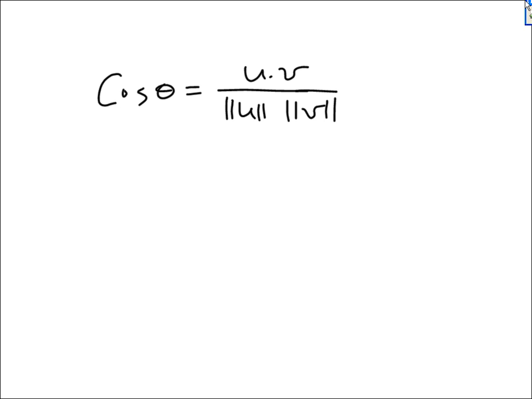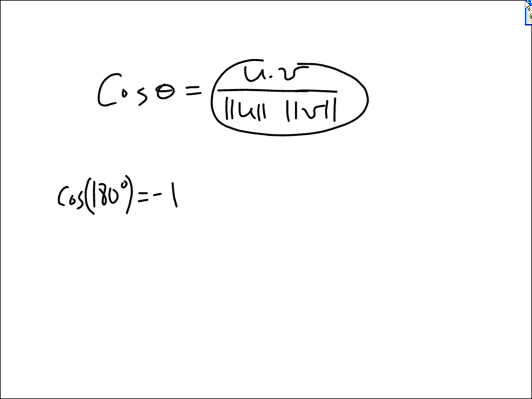And if the angle is 180 degrees, the cosine of 180 is negative 1. That is, if this is negative 1, then u dot v does not equal, well, let me just write it down.